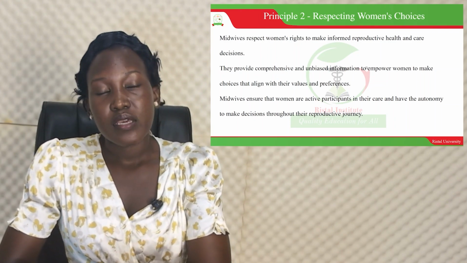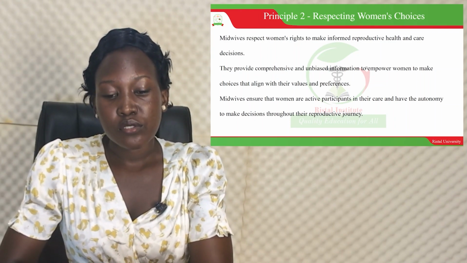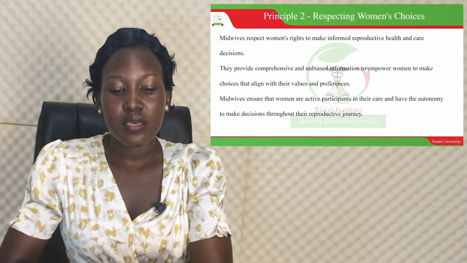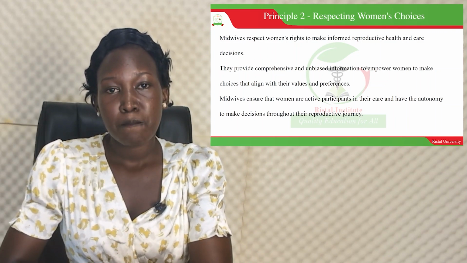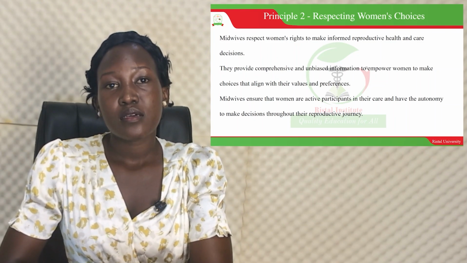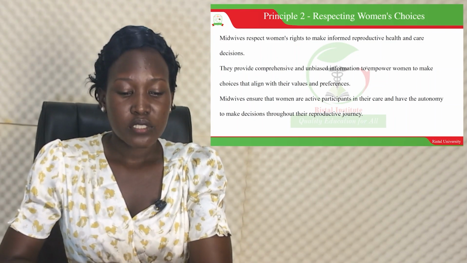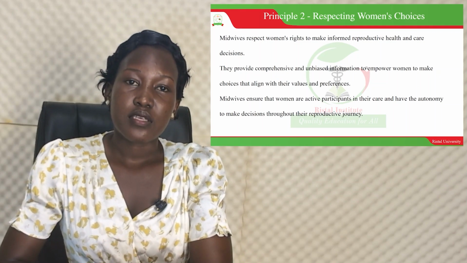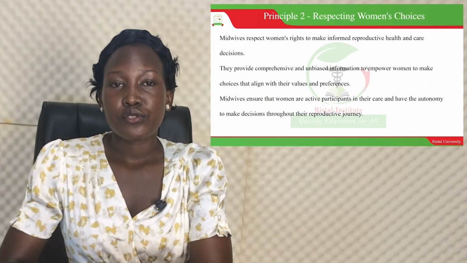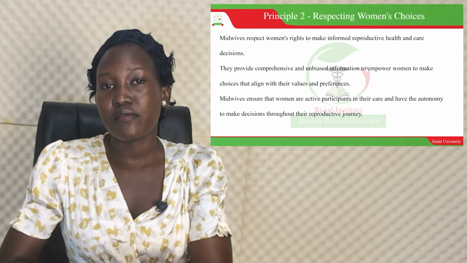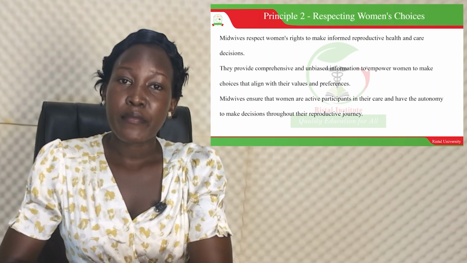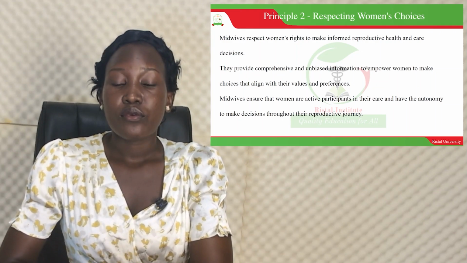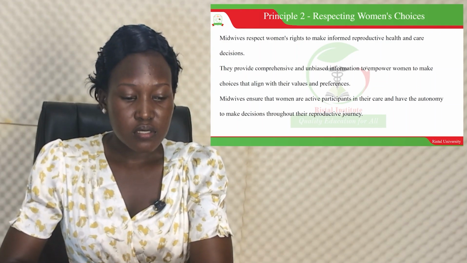They provide comprehensive and unbiased information to empower women to make choices that align with their values and preferences. So whatever intervention you intend to give the mothers, it should be what they value and what they prefer, but not what you prefer. So that is how you are respecting the woman's choice.